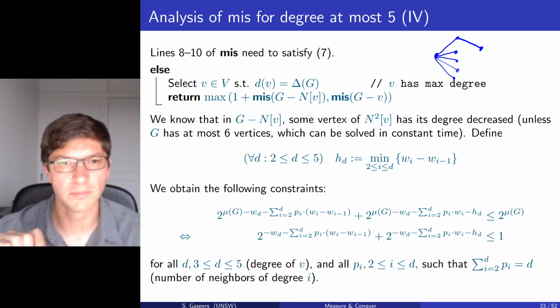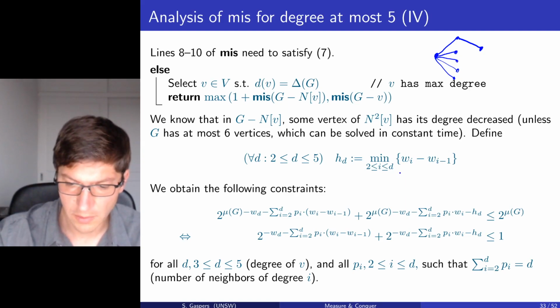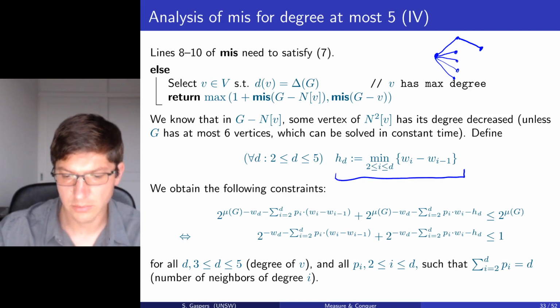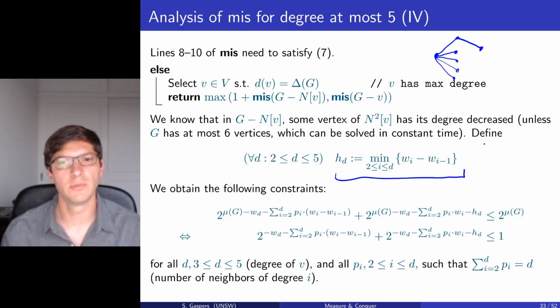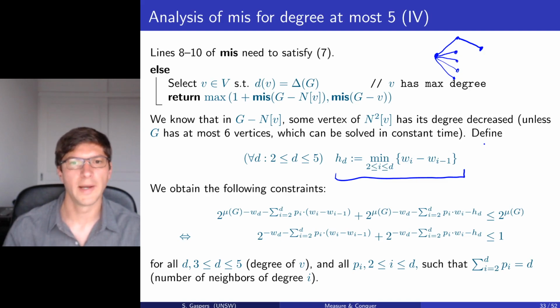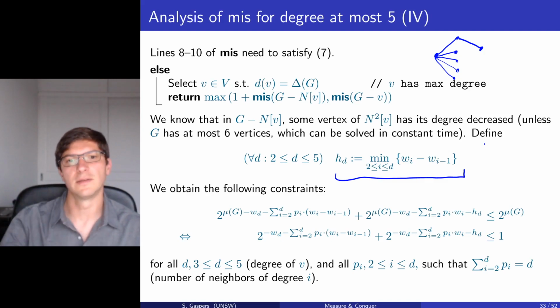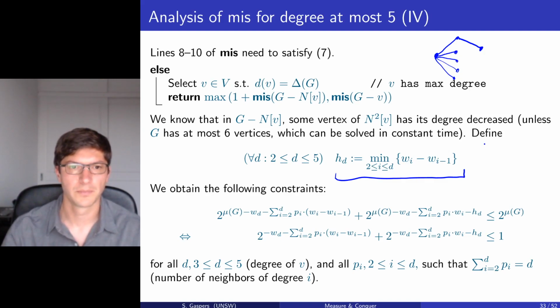We only know that it's between 2 and 5, and so we write down what the smallest decrease of the measure is when a vertex gets its degree decreased. So that's HD.